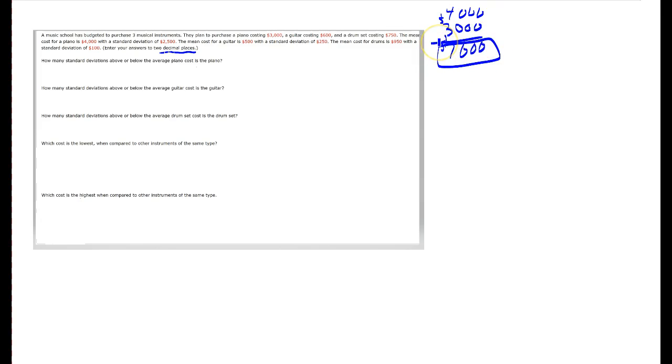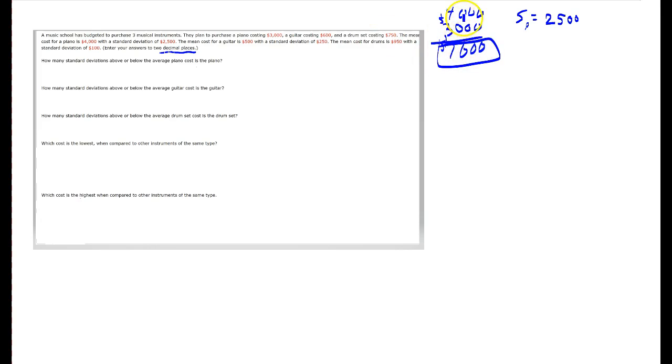So that's the difference. Now I need to look at, what was the standard deviation for the piano? My standard deviation for the piano, I'll put a little P there for piano, was 2,500. Now we want to know how many standard deviations away from the mean is what we're purchasing.